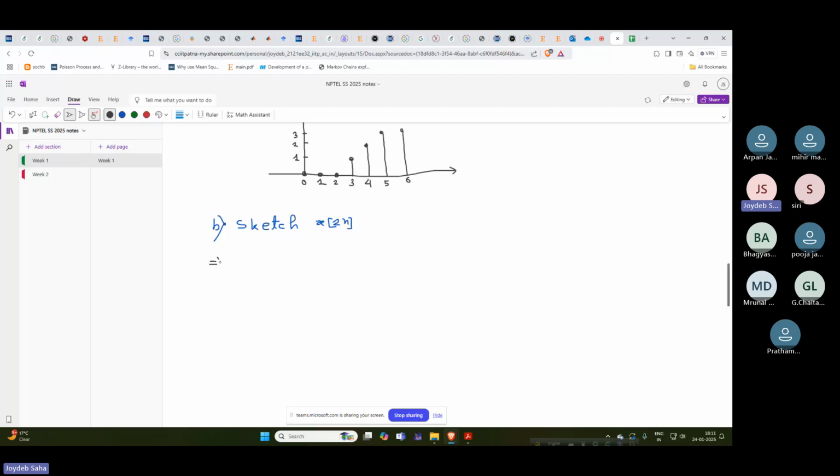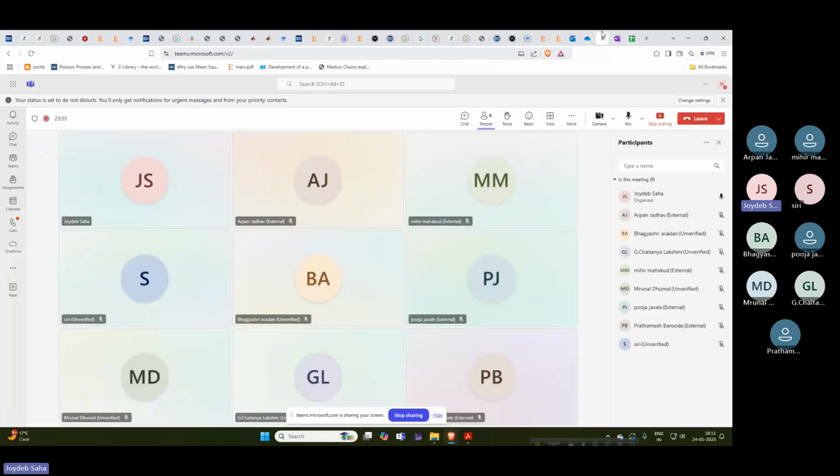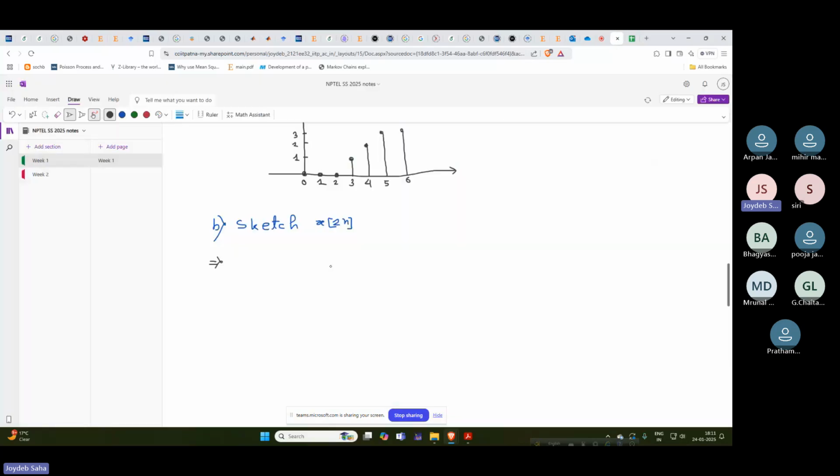You people try to solve it, whether you can solve or not. Take 2-3 minutes and try to solve this problem, and then match the answer with my answer.